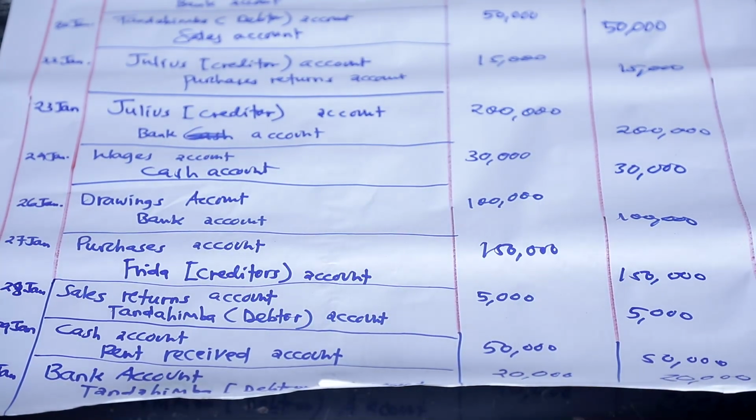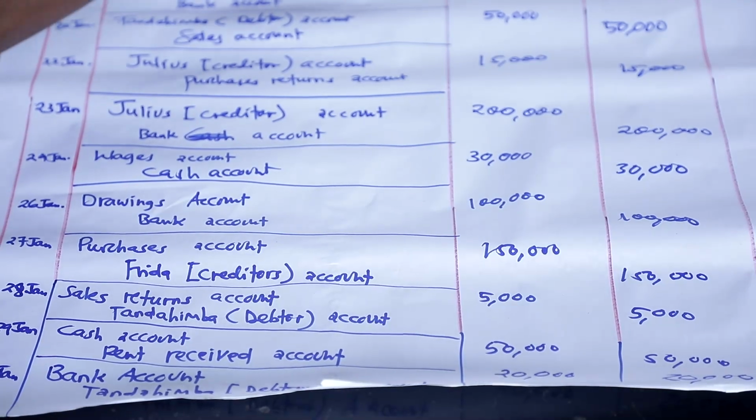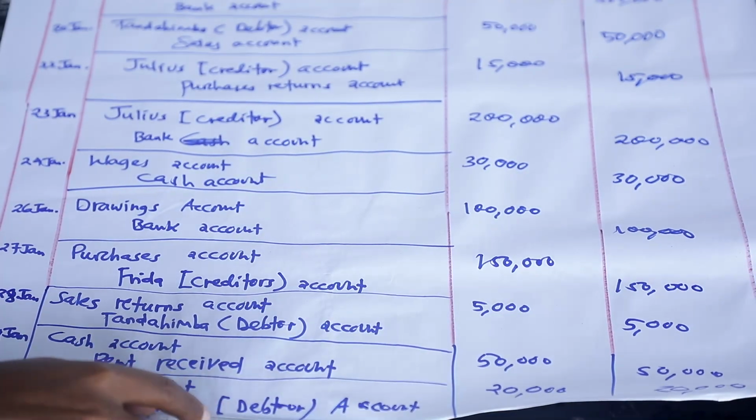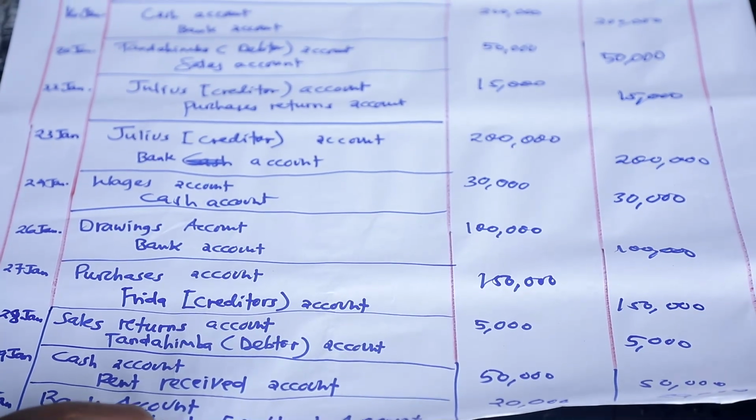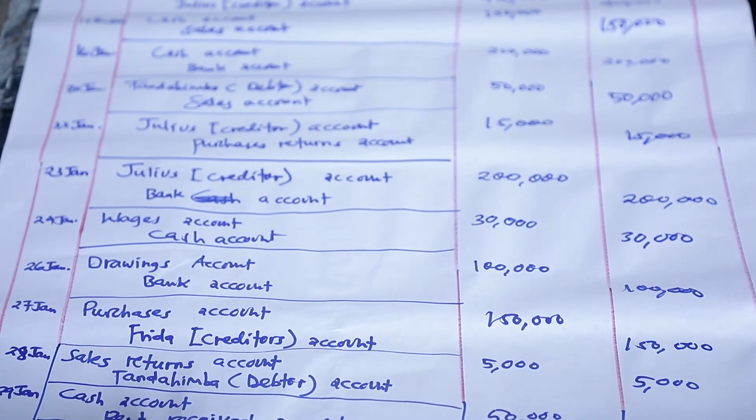So that will be our final transaction, and this is the first step in the recording of the accounting cycle, whereby after reading the source documents we are going to prepare the journal entry, and hii ndio jinsi ya kufungua journal entry.